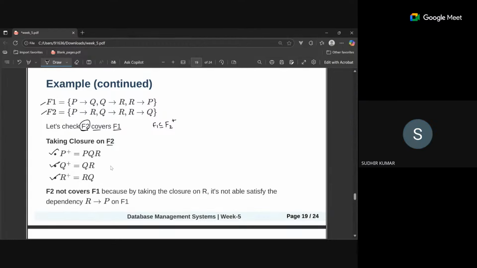I can see that R determines Q, so R closure is RQ, and Q determines R, so Q closure is QR. I'm talking about R. R is coming from R itself. I said it right in the initial one: any attribute can determine itself. Oh, okay, sir. Got it.